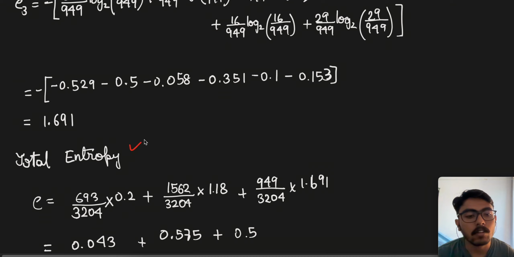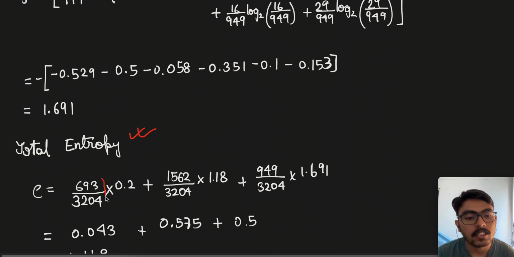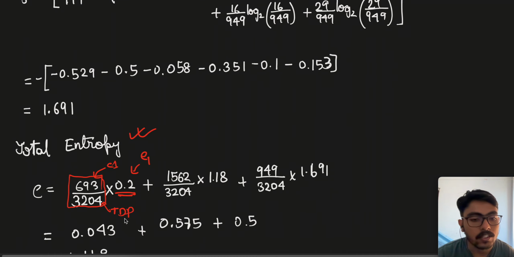Now we need to calculate the total entropy of the confusion matrix, which is equal to the number of objects in cluster 1 divided by the total number of data points, into the entropy E1, and this is the total number of data points.